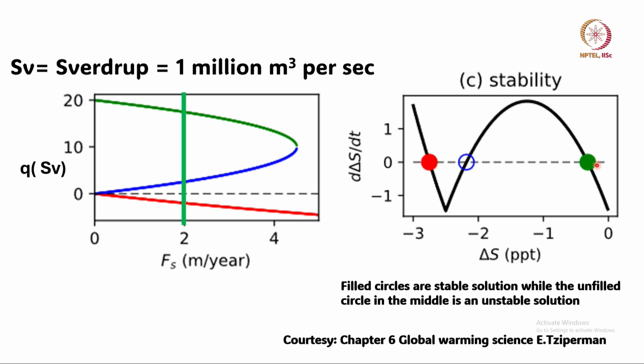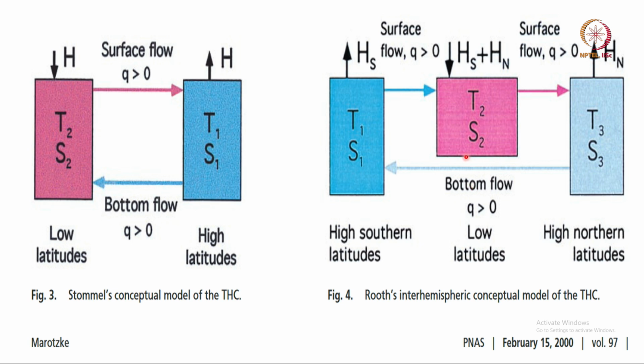Same thing here. If you slightly perturb this green point, the salinity will slightly change, which will make the system change the temperature and bring it back. So, one can show that these two are stable and this is unstable, and this is a model that Stommel proposed more than 63 years ago.